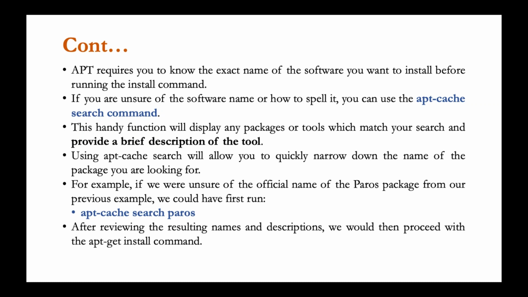One final note on installing software: APT requires you to know the exact name of the software you want to install before running the install command. If you are unsure of the software name or how to spell it, you can use the special command apt-cache search and give the tool or software name you want to install.